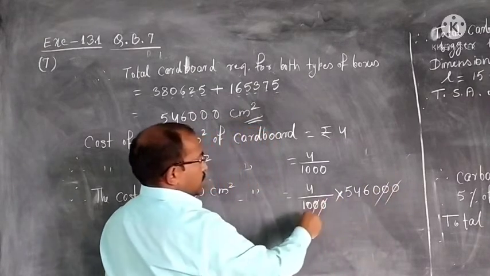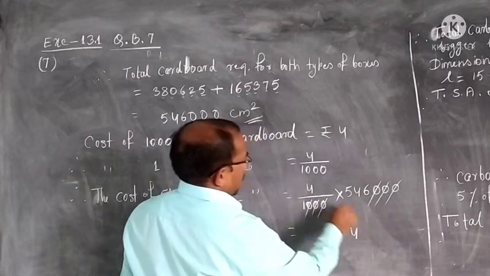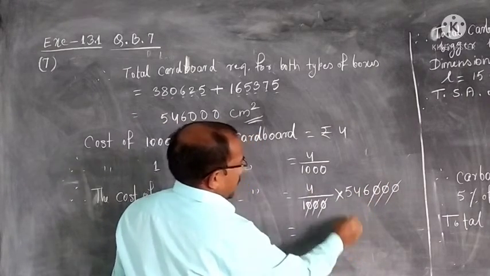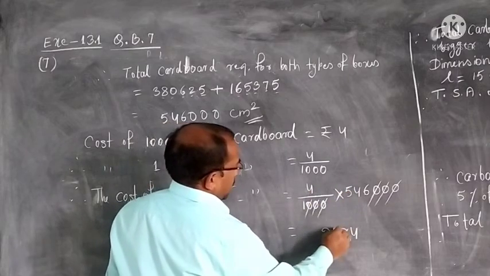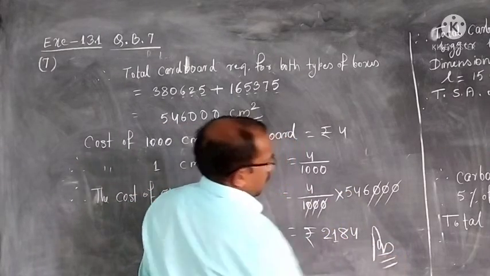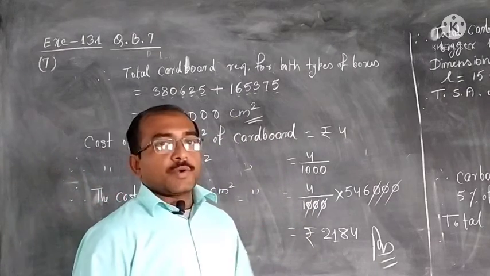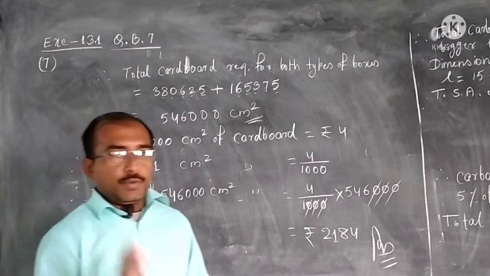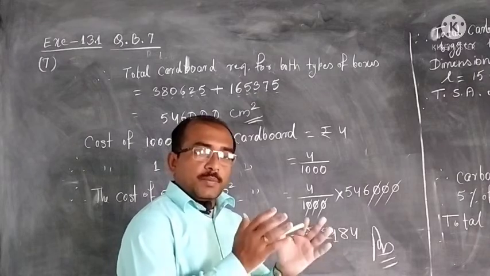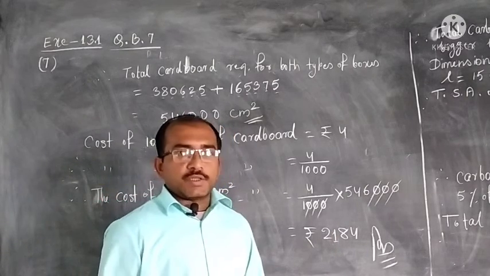Cut these 3 zeros. 6 4s are 24, 4 4s are 16 to 18, 5 4s are 21. So we need 2,184 rupees for buying this total amount of cardboard, so that we can supply 250 boxes of each type, bigger and smaller, including 5% overlap extra.